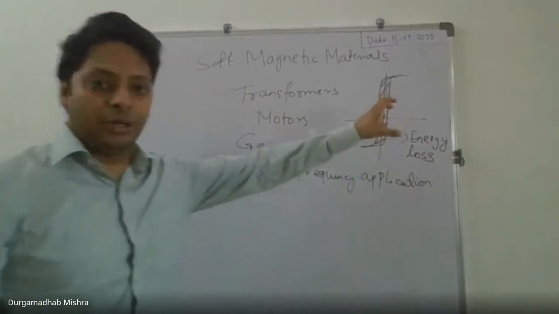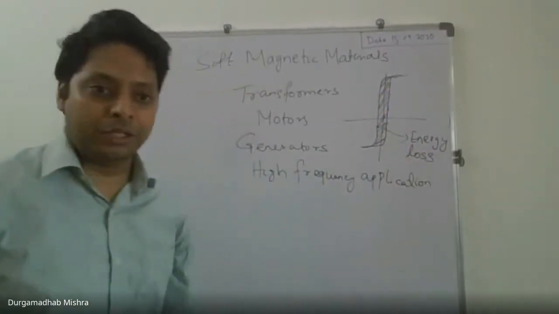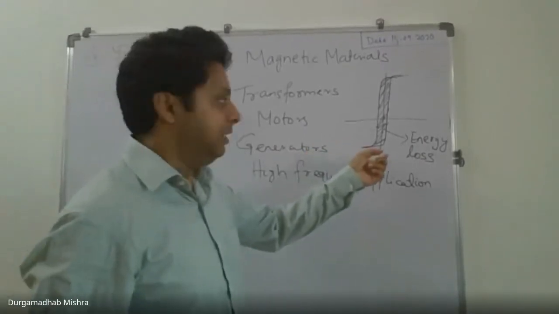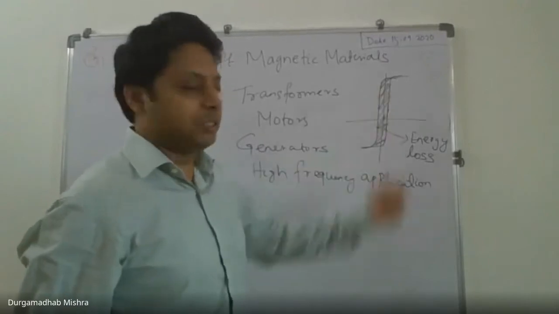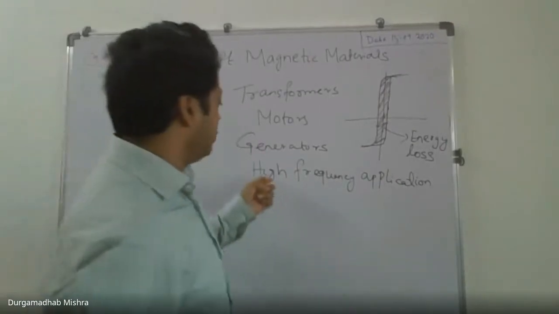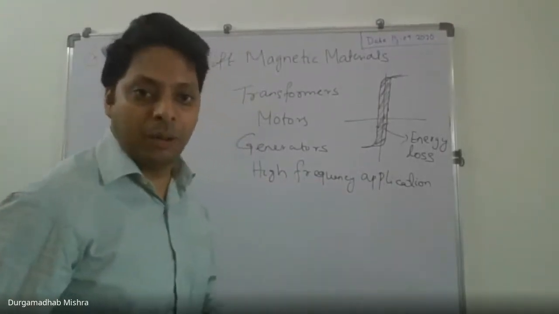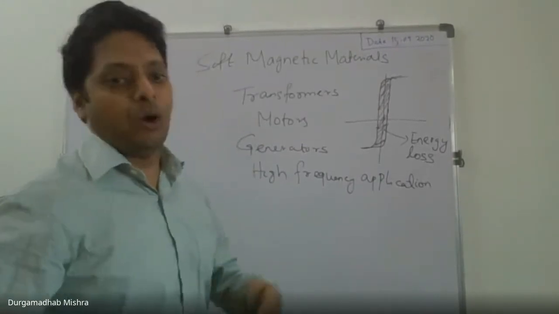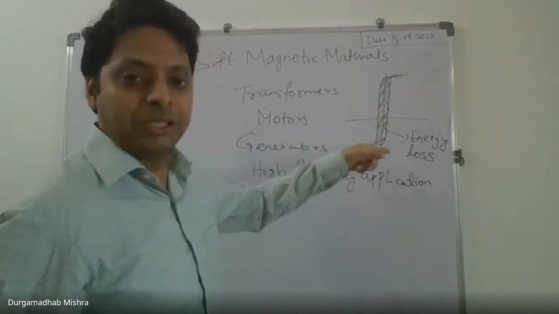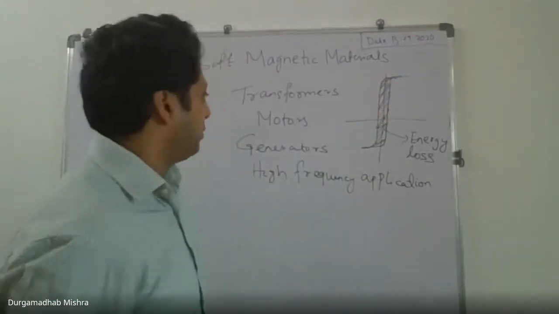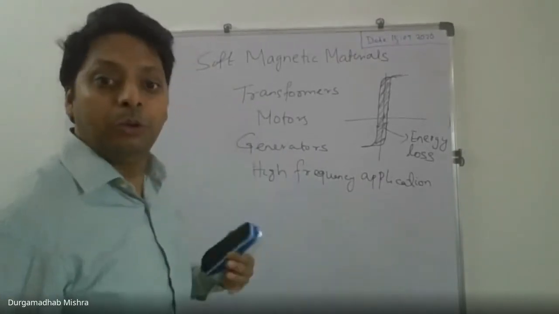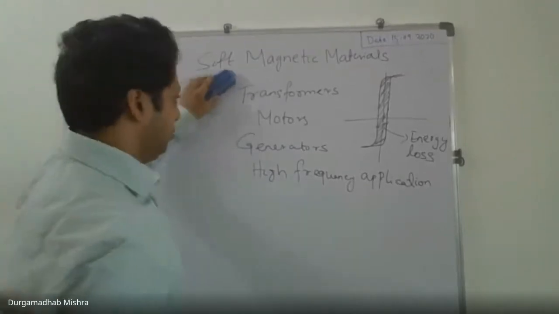So if I take a soft ferromagnetic material and I drive the hysteresis, the energy loss in that process is small. Especially when you apply an AC field or an AC voltage source, you can drive the hysteresis and the loss will be small. And that's why they are used in transformers or motors or generators, or even in high frequency applications.